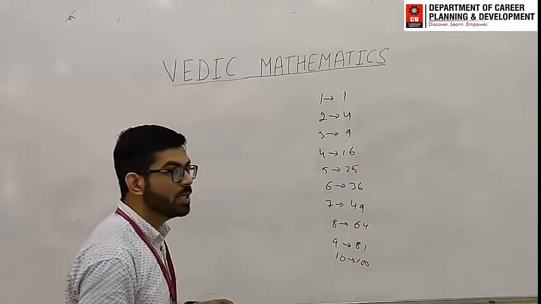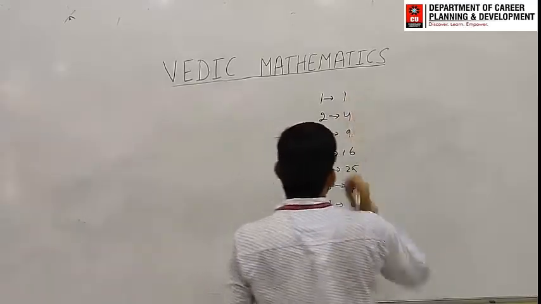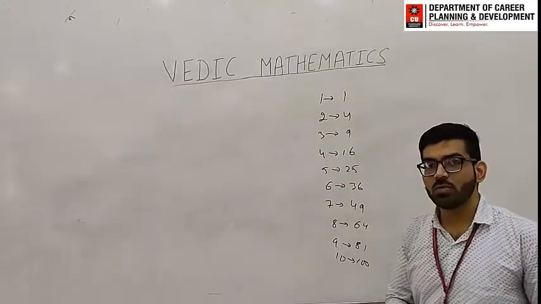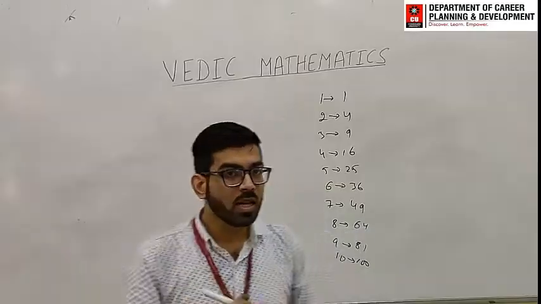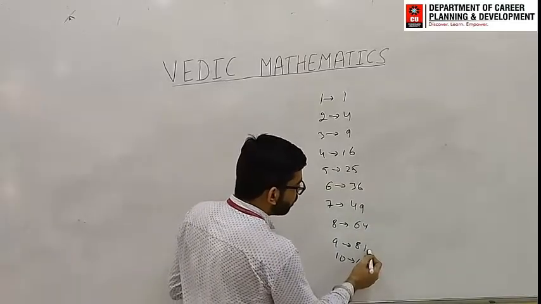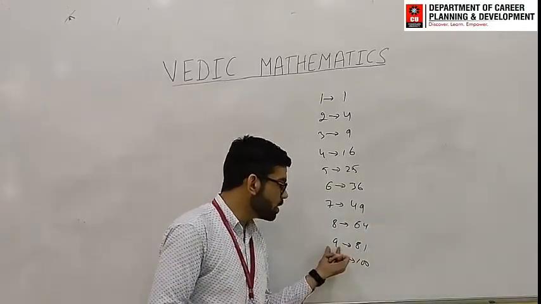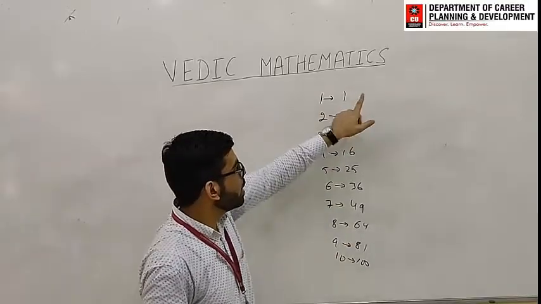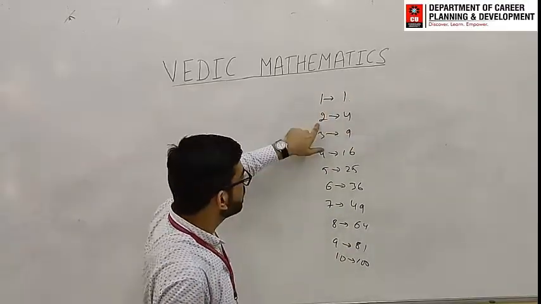Let's analyze one thing. Whenever you see the squares, you have to see the last digits. What is the symmetry there? 1 is the last digit of the square of 9, and 1 is also the last digit of the square of 1.